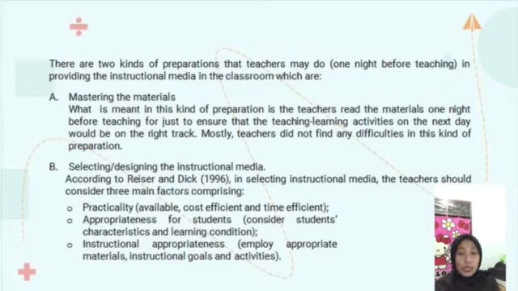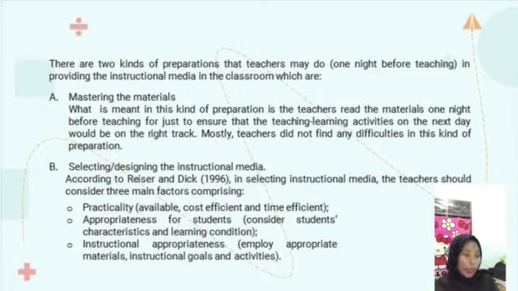For the first, mastering the material, the teacher has to prepare the material one night before teaching, so that the teaching and learning process on the next day would be on the right track. And the second is selecting or designing the instructional media.